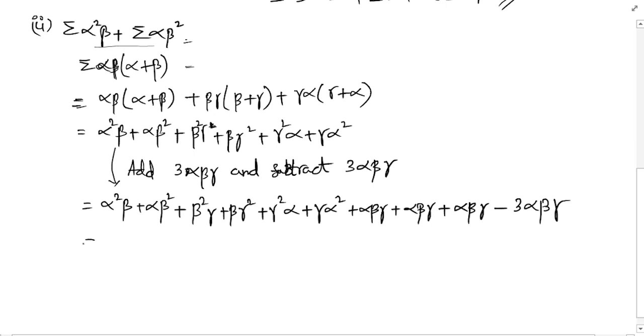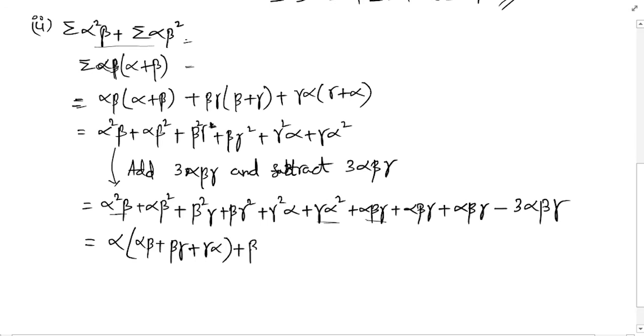So now we will take alpha as a common here. So if we take alpha as a common, this will become alpha beta plus, and where is our one more alpha? This one, beta gamma plus, we need to get alpha gamma here, gamma alpha, so we will consider this one. So when alpha is taken as common, we'll get gamma alpha here.